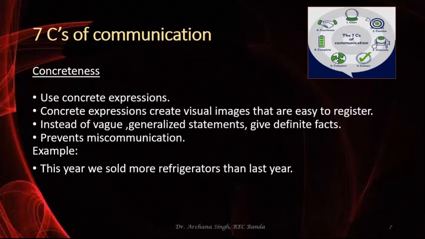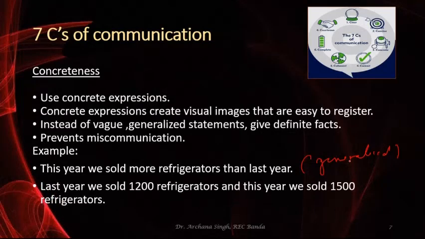Which last year you're talking about, and how many refrigerators you have sold. This particular statement gives a very generalized expression that compared to last year, you have sold more refrigerators, but you're not getting the exact number of refrigerators that were sold in the previous year or this year.